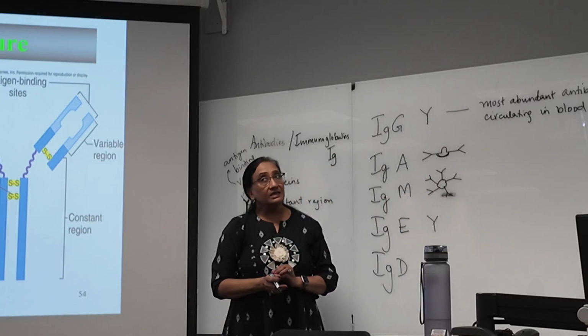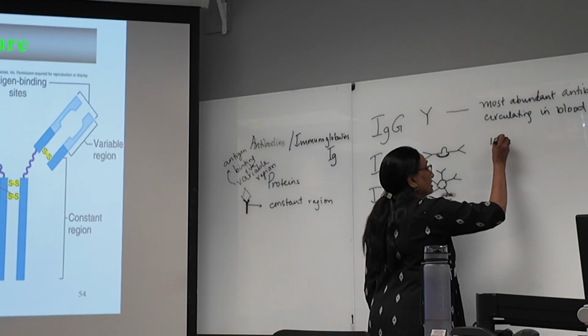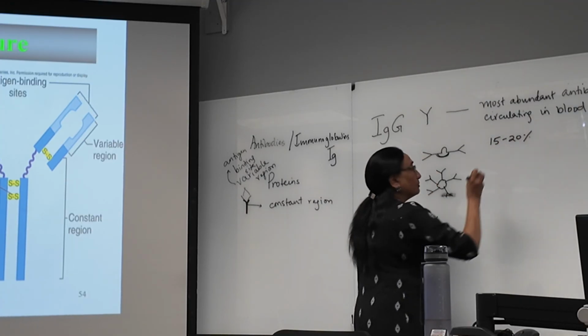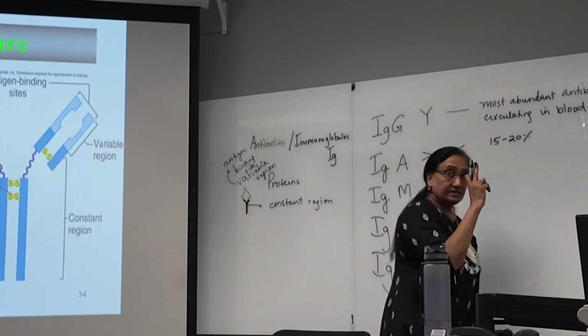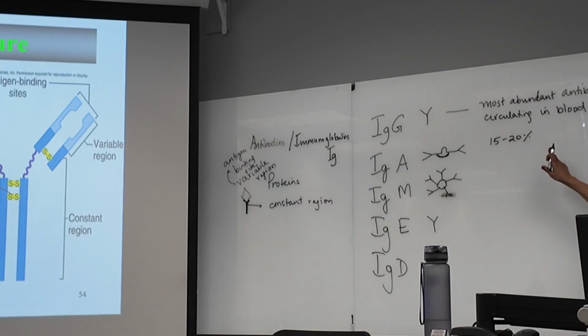The next is IgA. Roughly about 15 to 20% of the antibodies is IgA. But you don't find IgA a lot in the blood.